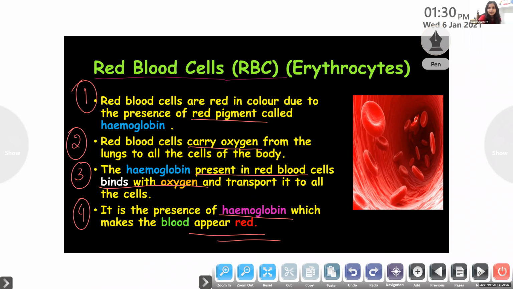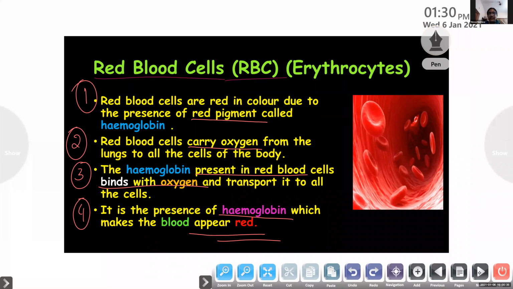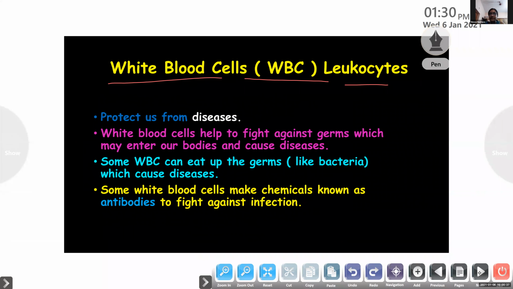Ma'am, can you show the slide of WBC? Okay, yes, I am going to explain it. First, I am showing that picture. So white blood cells, or WBC, or leukocytes. What are white blood cells? It is a component in our blood.